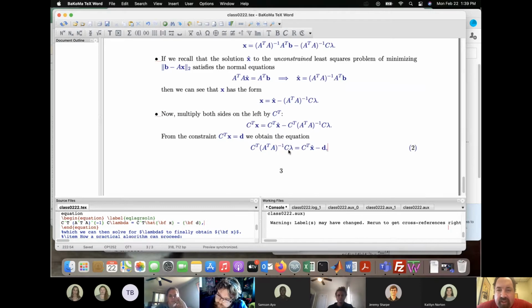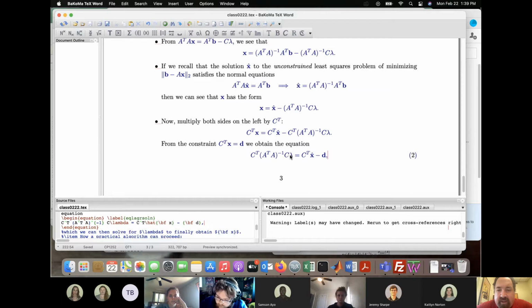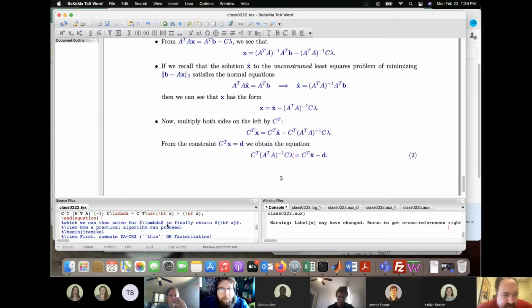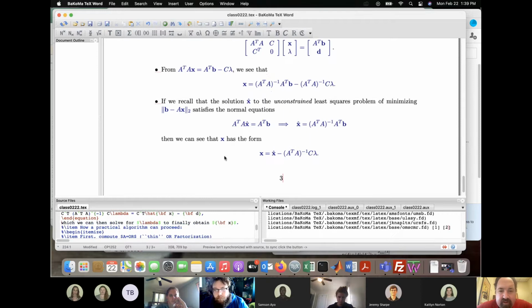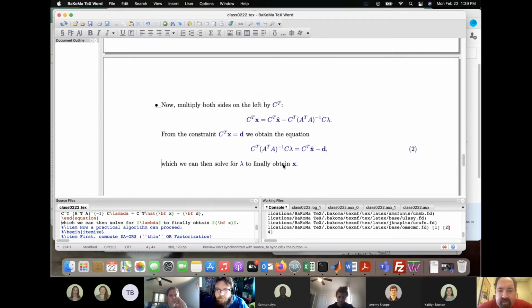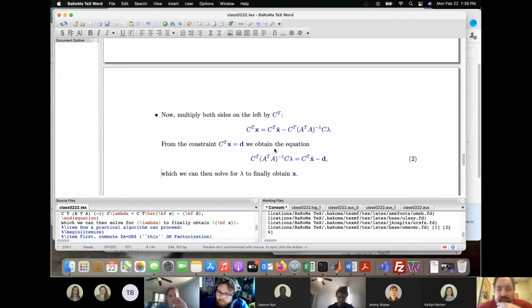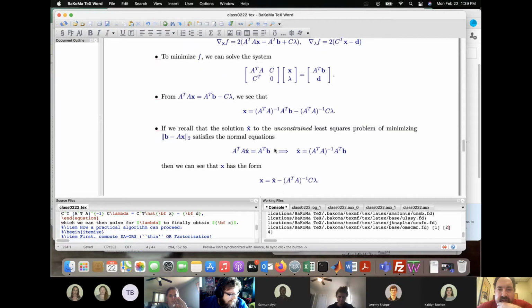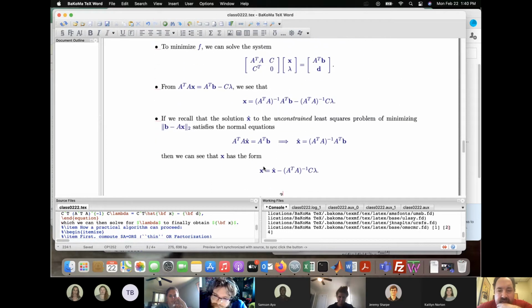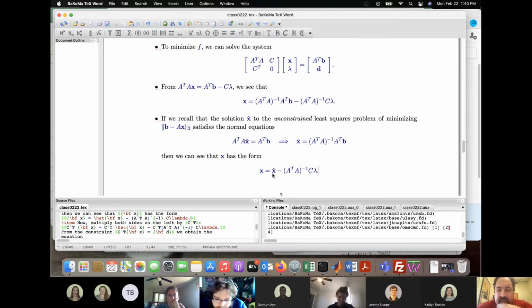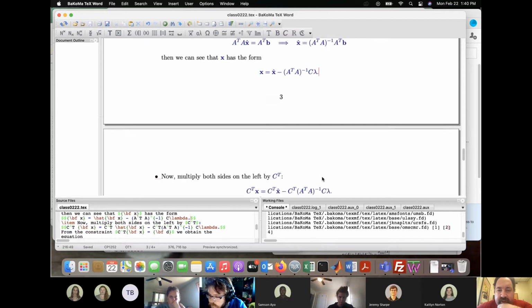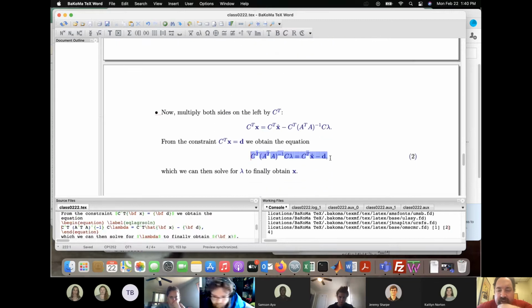And once I have lambda, I can use it up here, and now I have my solution. So my solution formula is this. This part I get from the unconstrained least squares problem. This part I take care of by solving this equation for lambda.